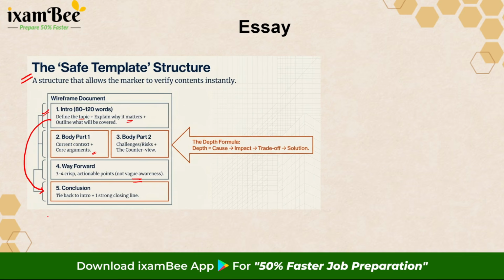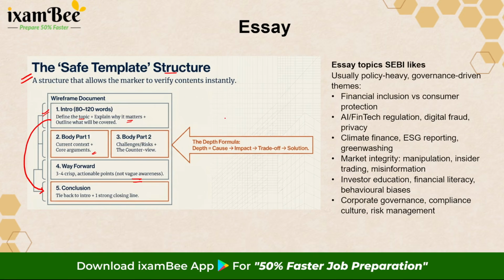It does not necessarily have to be a big para, right? So please remember, this is the safest structure that you can follow to ensure that the reader, the marker, the assessor is able to quickly grasp the contents that you are looking to present in the essay.